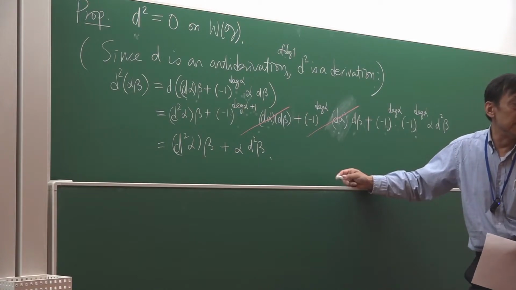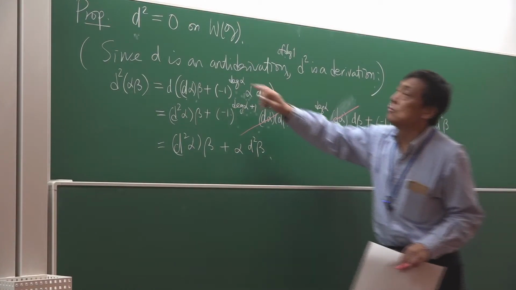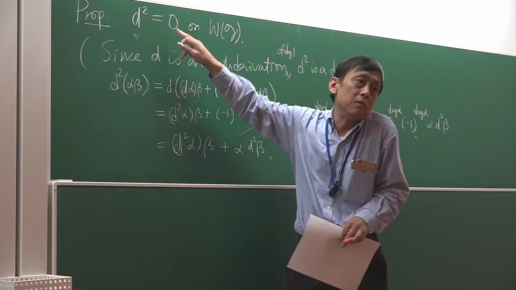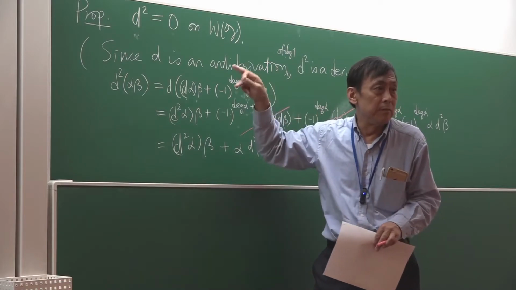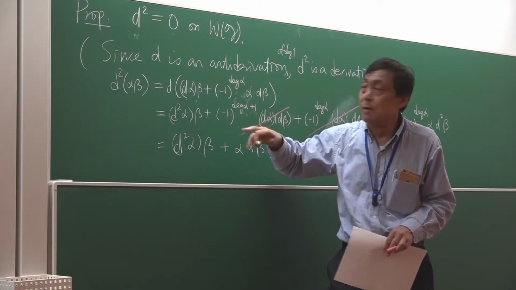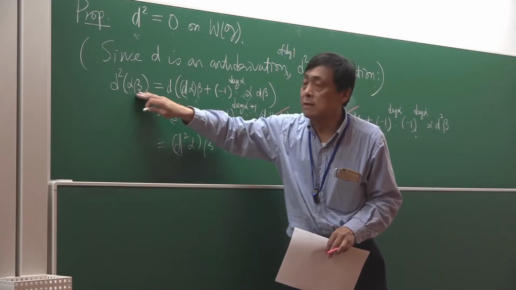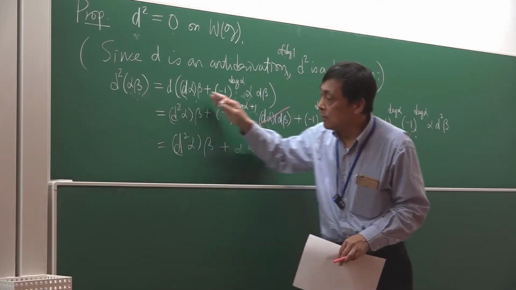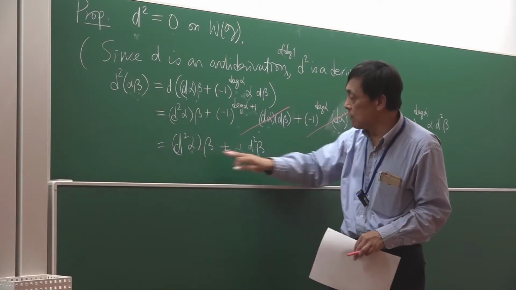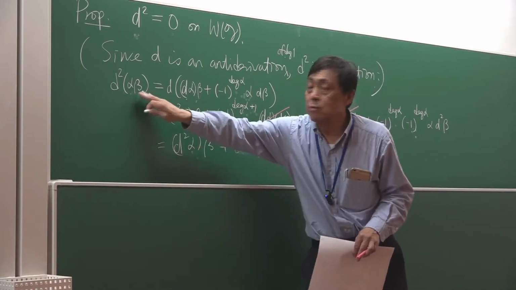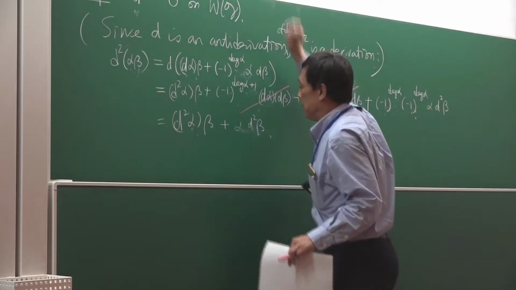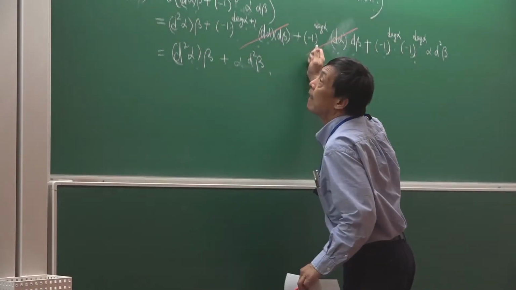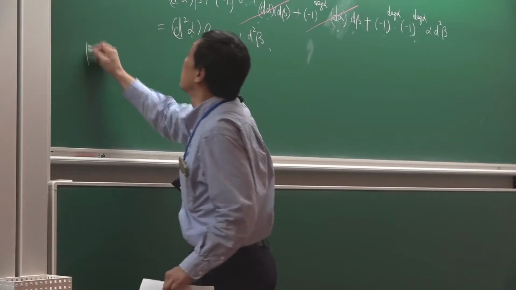And so because it's a derivation, to show that it's 0, you only have to show that the generators give you 0. Okay? Because everything else will be a product of generators. And this formula shows that if the generators are 0, then the product will be 0 also. Okay? So proof.